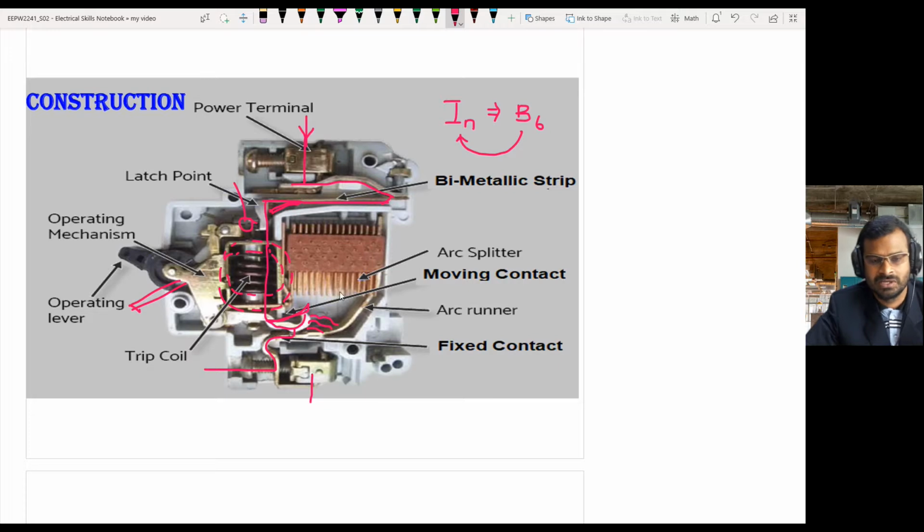Especially in case of short circuit, a huge amount of current is flowing through the circuit, so when the contact opens, the arc will be produced. That arc can be quenched using this arc splitter. So this is about the constructional features of an MCB.